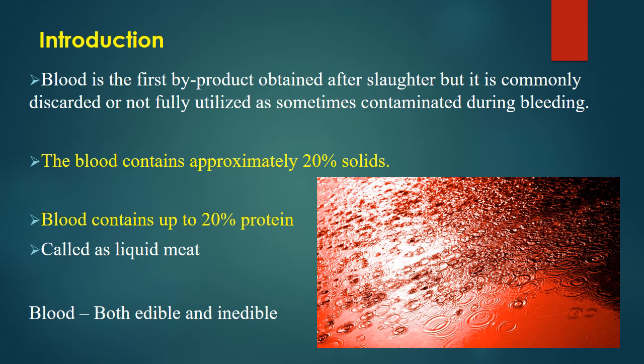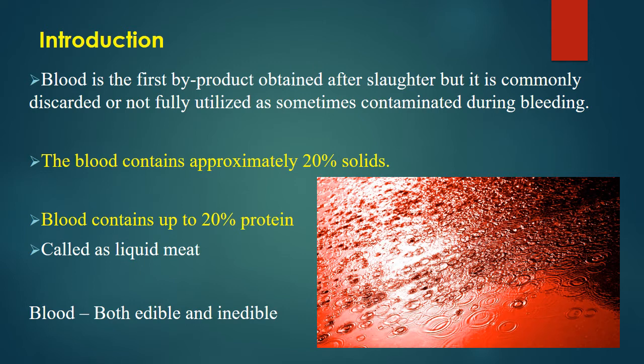First, let us understand blood as a byproduct. As you know, during the process of slaughter we do the bleeding and we get the blood, and that blood is the first byproduct. We also know that a large number of animals are slaughtered daily, be it cattle, buffalo, sheep and goat or pig.